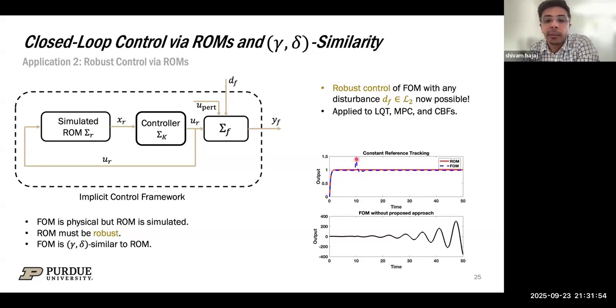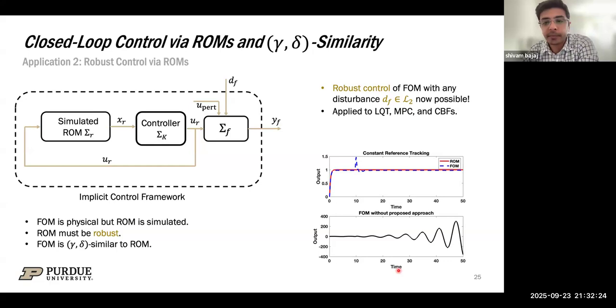There's a small bump, and this is because at time 10, I apply a disturbance of magnitude, I believe, 15. This small bump corresponds to the approximation error between the reduced model and the true model, right? So there's some robustness going on here. And as a comparison, if our process is not used, the bottom curve shows that without our framework, the closed loop system might not even be stable.